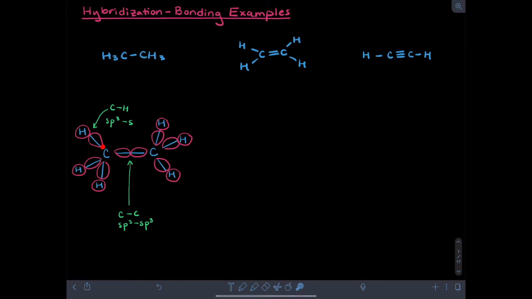Each carbon will form 3 different bonds to hydrogens, and it'll use its 4th sp3 orbital to form a carbon-carbon sigma bond. Hydrogen only uses its s orbital in bonding, so that is what it will always contribute.